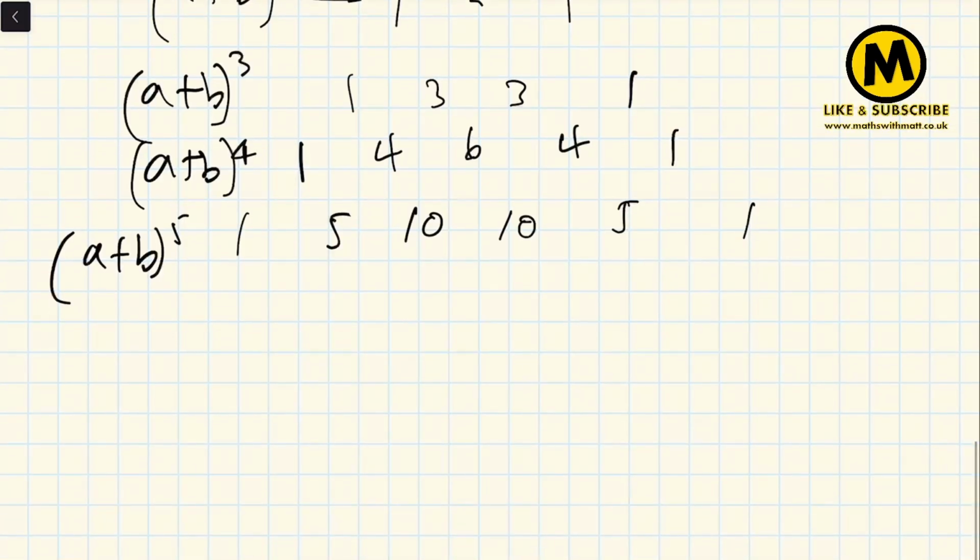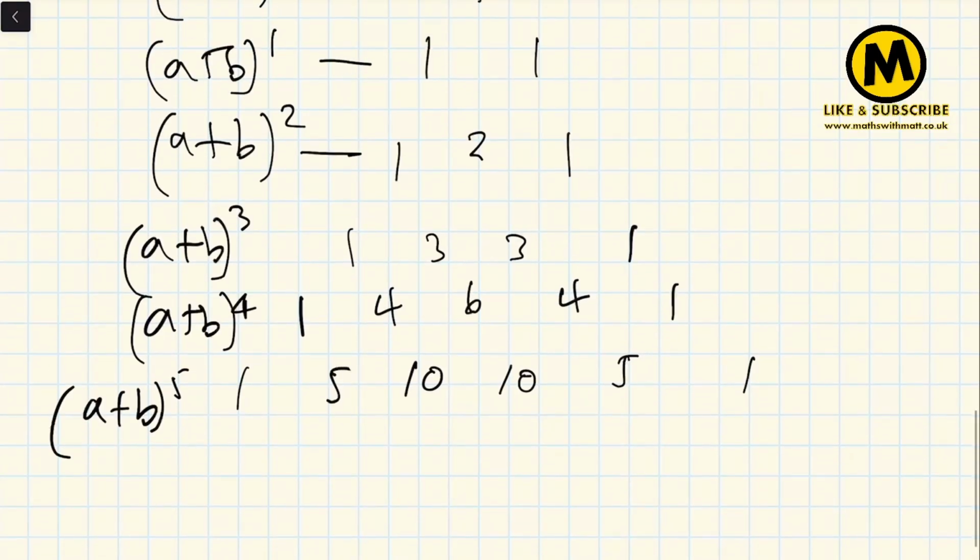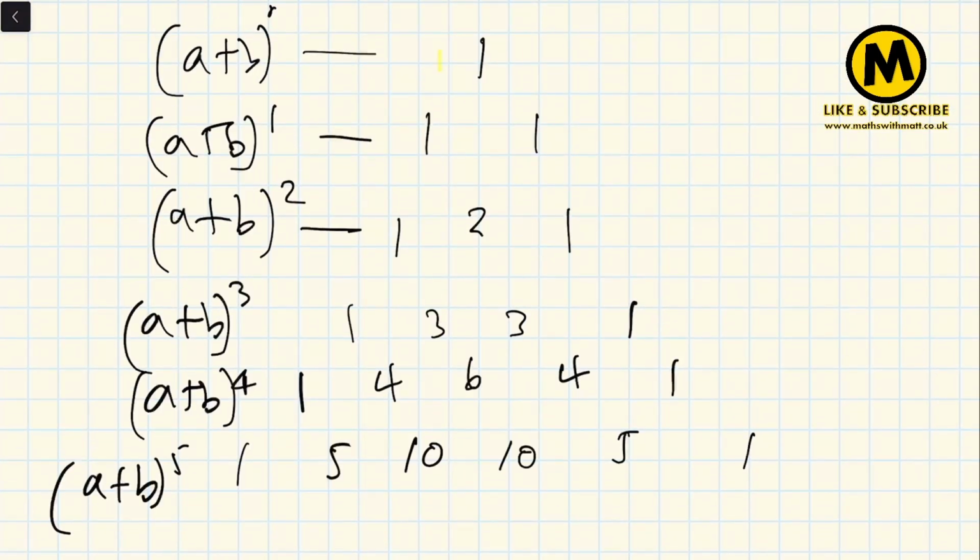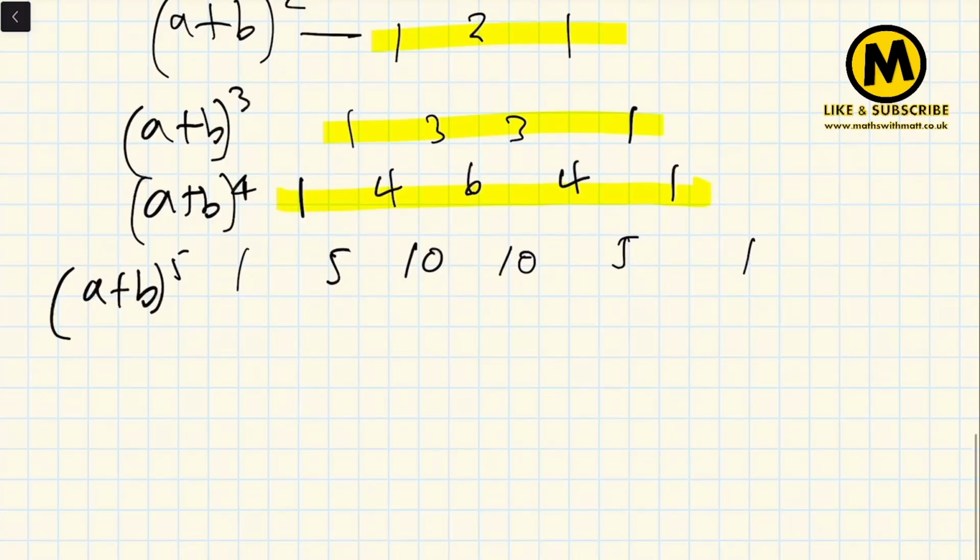Well, a plus b to the power of 4, that would be the 1, 2, 3, 4, 5th row of Pascal's triangle. We have to add 1 to the power to find the row because we start at 0. Okay, so the first term will be a raised to the power of 4, b to the 0, coefficient is 1.